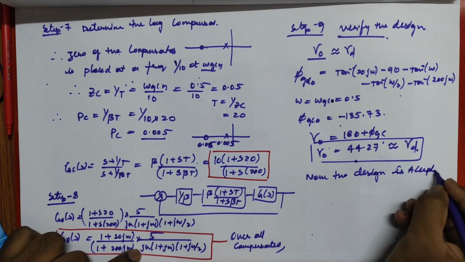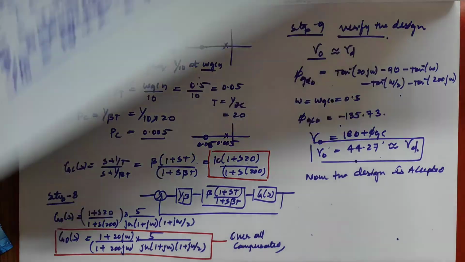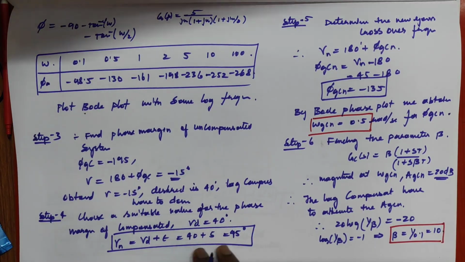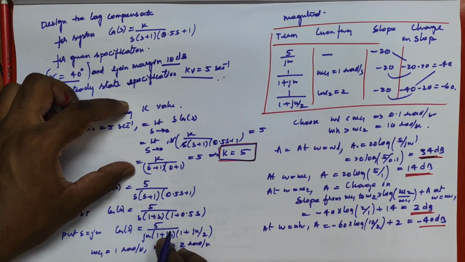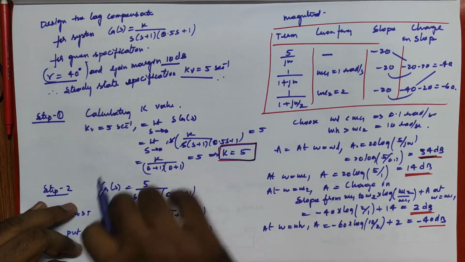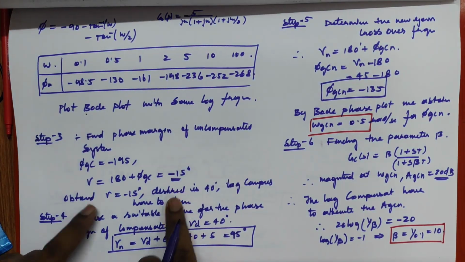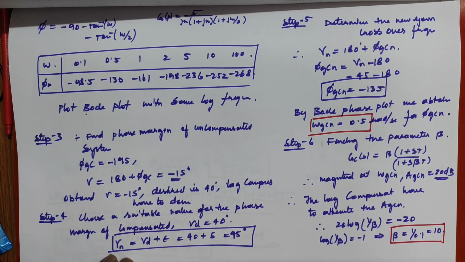So just go through in detail. We didn't do any big thing. What we did is, we first found the K value. For the obtained K value, we drew the Bode plot. From that Bode plot, we got the phase margin. After getting the phase margin, we assumed the new gain crossover phase for our desired phase margin.